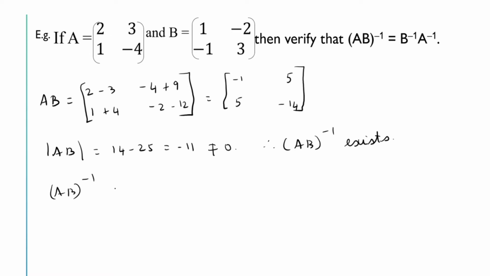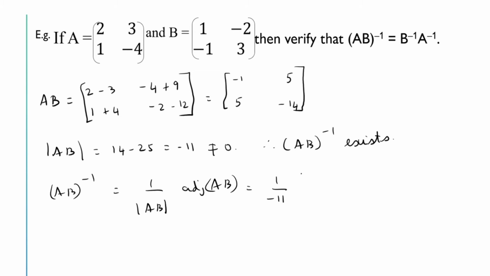And AB the whole inverse is equal to 1 by determinant of AB into adjoint of AB. So this is equal to 1 by minus 11 into adjoint of a square matrix of order 2 can be calculated as interchanging the diagonal elements and changing the sign of the other elements.